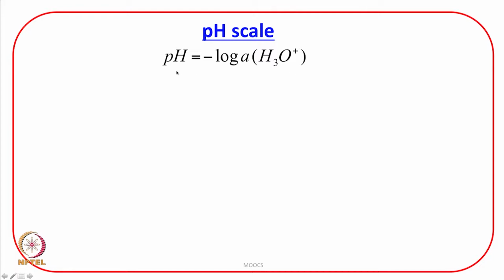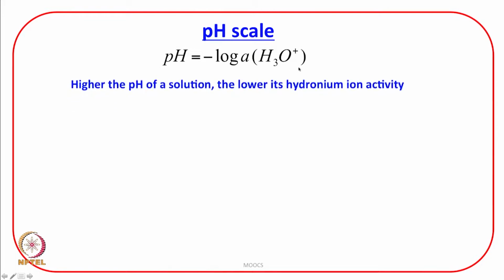I am saying that pH is equal to minus log activity of hydronium ion. According to this definition, the higher the pH of a solution, the lower its hydronium ion activity, because there is a negative sign over here. That means, if the activity of hydronium ion is very, very small, the pH is going to be high.